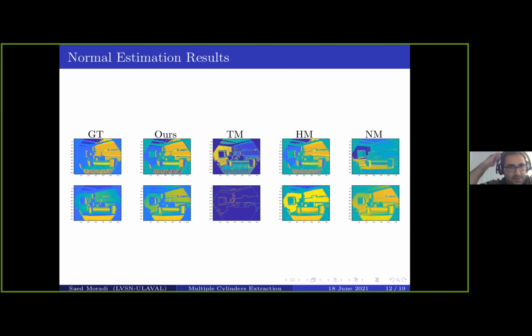Before talking about the result, since the normal vector has three-dimensional components, we can easily compare the different algorithms. There are two ways to compare the different methods. The first is that for an organized point cloud, you can consider each component as a color channel of an RGB image, so the final normal vector can be represented as a color image.